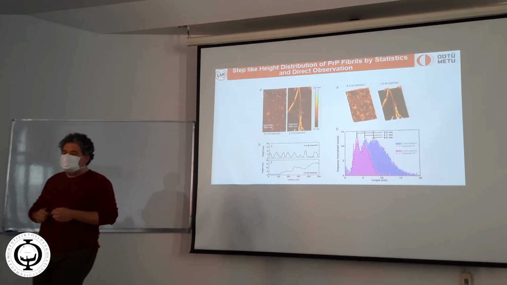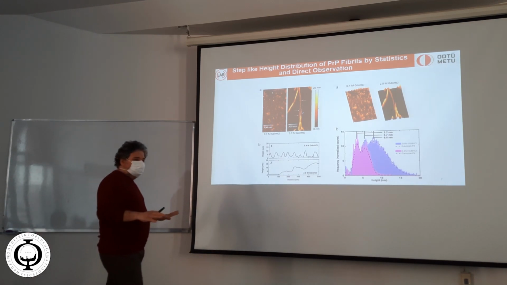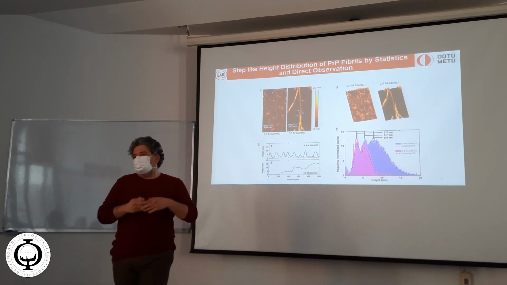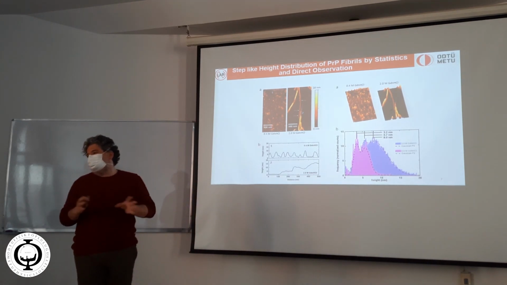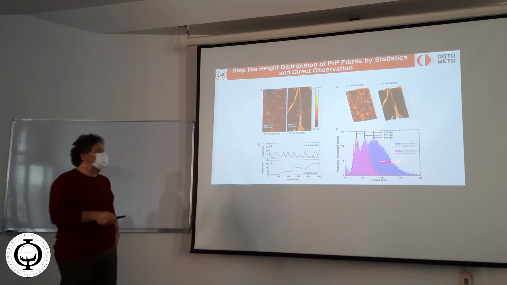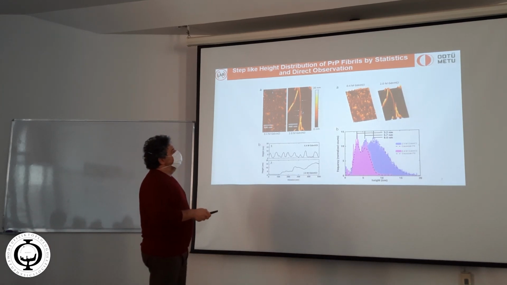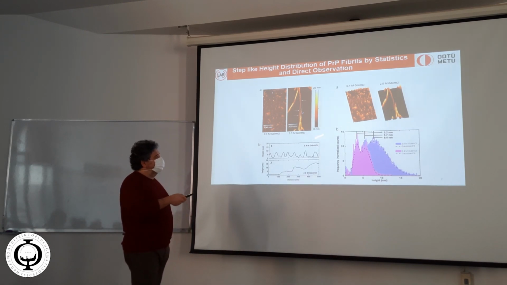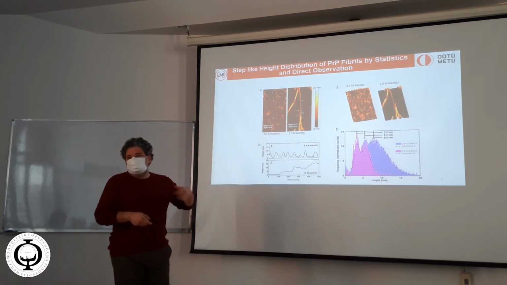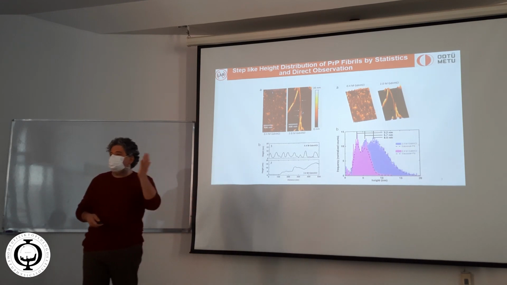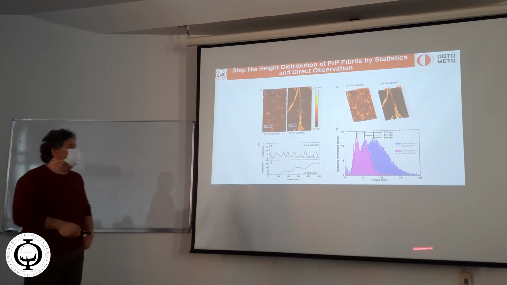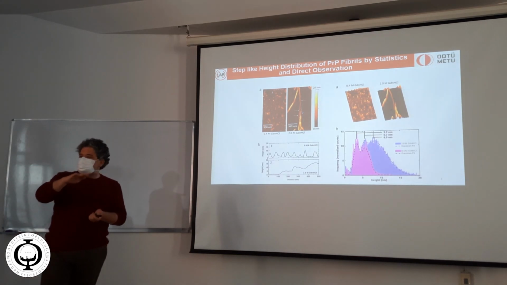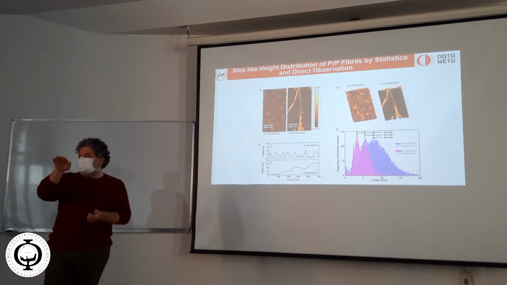So when you lay it on the surface, they don't make very structured two-dimensional materials, very regular, so you can see clearly the steps, etc. But what you could do is you could still compose a histogram, a distribution of heights as a function of frequency. With which frequency you observe a certain height. Okay? Then using the statistics, you can still discern what is the height of a single layer, what is the height of a double layer, etc., etc.